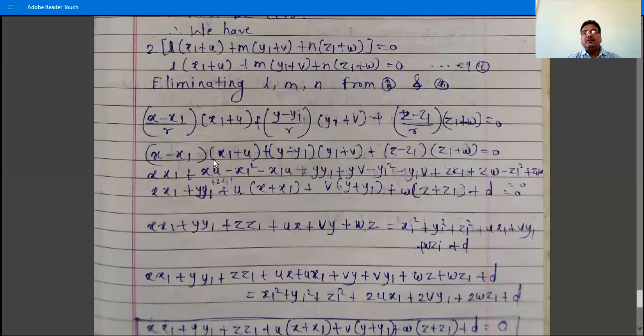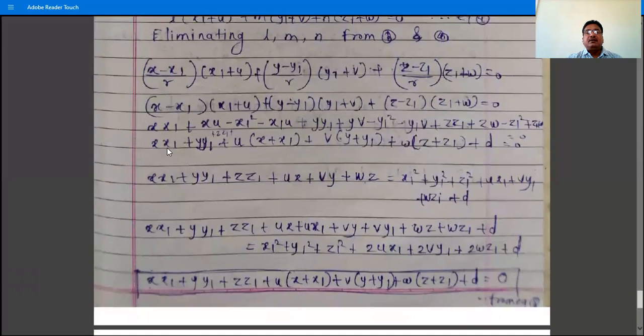Then multiply these brackets. We have 4 plus 4 plus 4, 12 terms total. Then arrange the terms: xx1 plus yy1 plus zz1, plus these terms xu and x1u, taking u as common here, plus side.